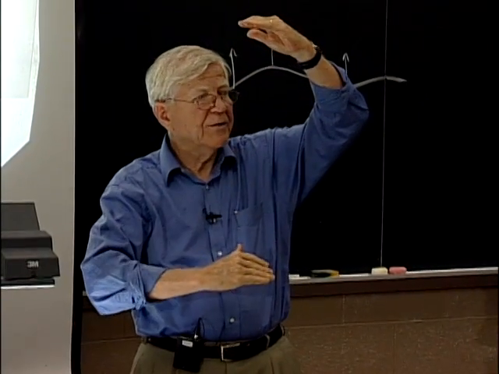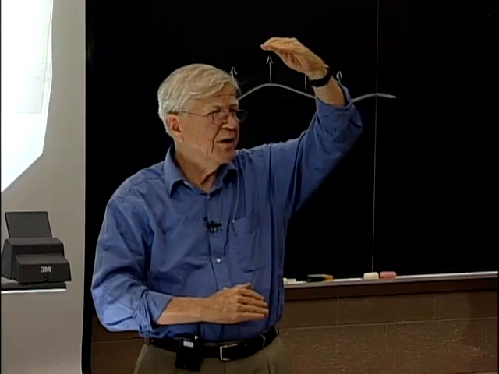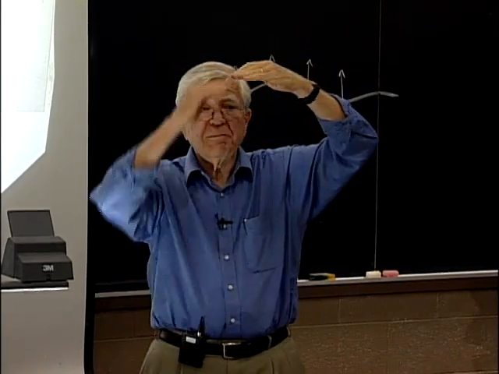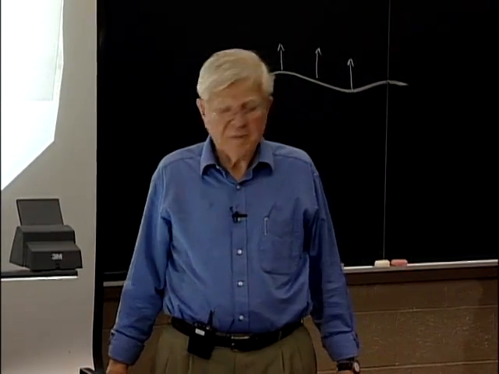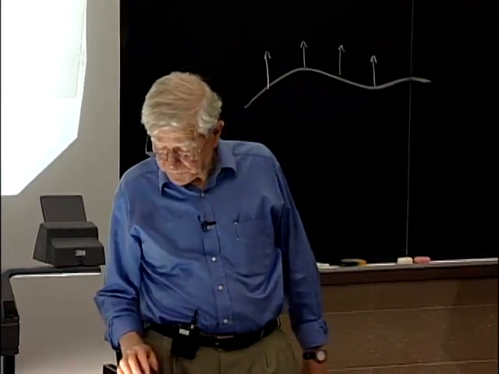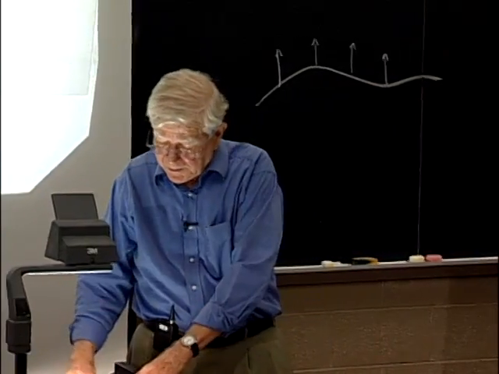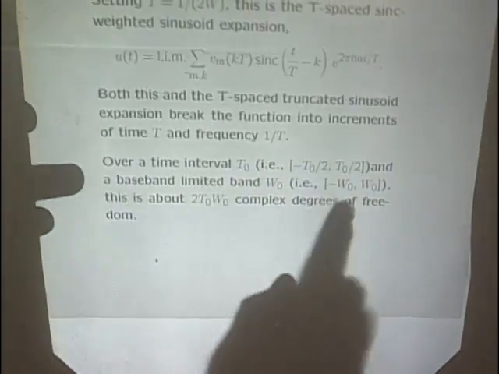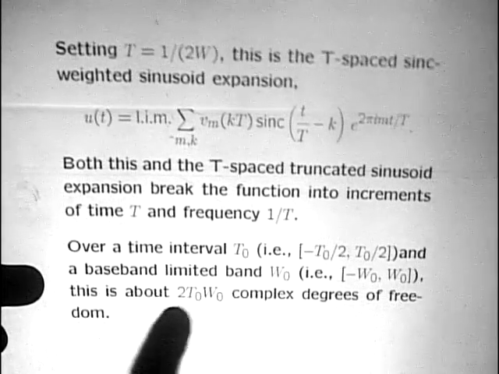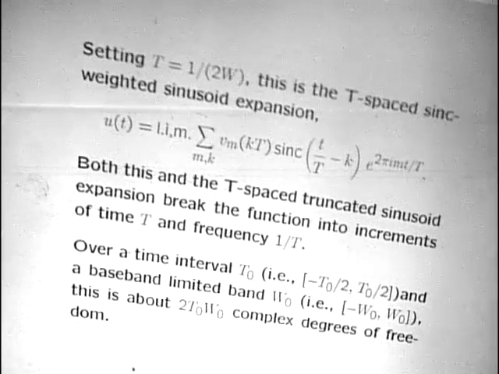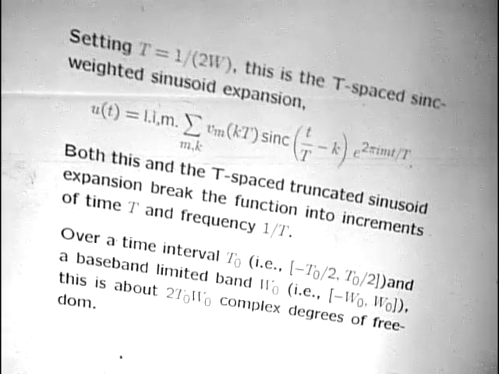We now look at frequency. If we have some very broad frequency band, W0, the number of different bands that we have is W0 over 2W, and as a result of all of this, when you add everything up, you get 2T0W0 degrees of freedom over this overall bandwidth of W0.